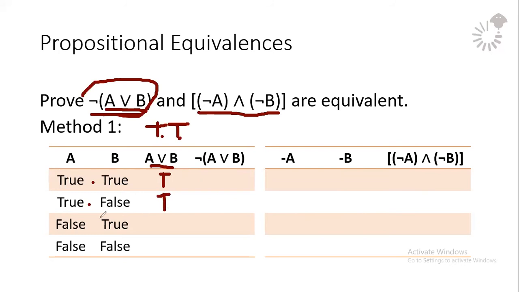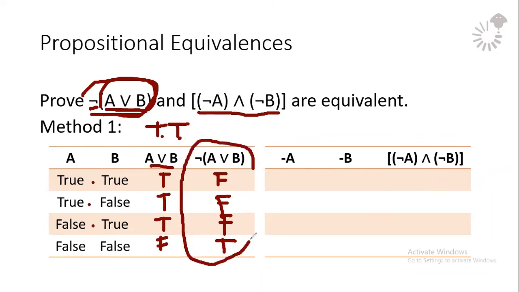False or true is true. False or false is false. Now you negate that answer kasi meron siyang negation. Not true is false. Not true is false. Not true is false. Not false is true. Ito daw yung answer for the first statement.